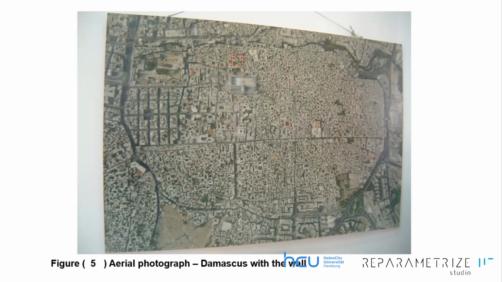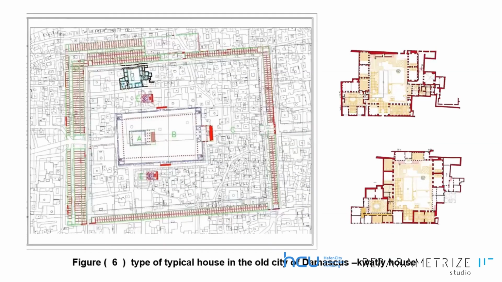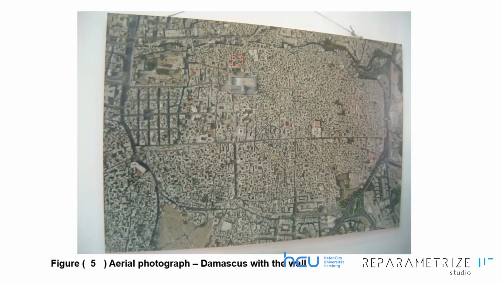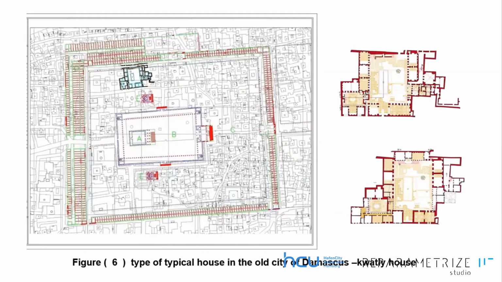And we are talking also about typical houses in Damascus. You can see the red rectangle north of the Umayyad Mosque. It's Al-Quwati house. I take this example to remind you, when we discussed the historic periods of Damascus, of the Jupiter temple and the Gamma around this temple.